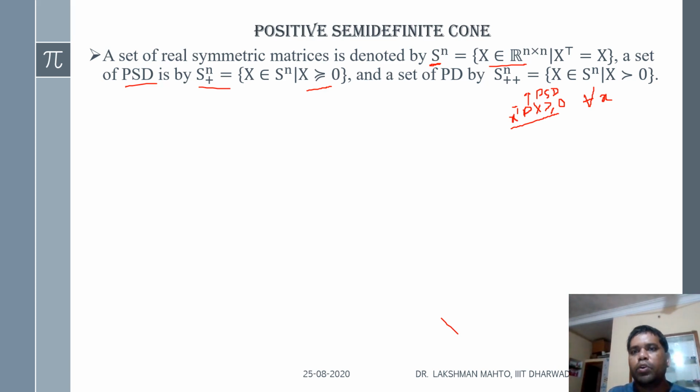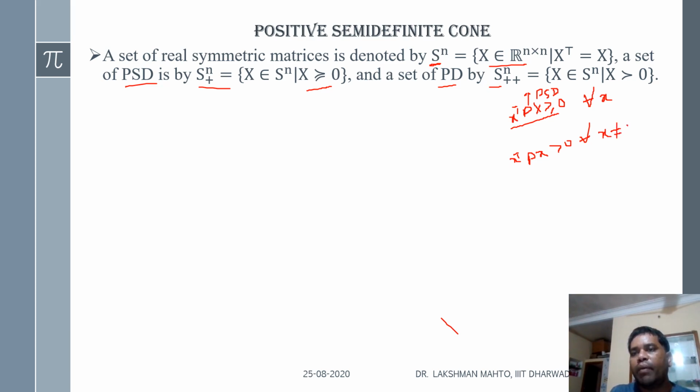Similarly, among the positive semi-definite matrices, we can take out the positive definite matrices. It is stronger than positive semi-definite. So what is the definition of positive definite? A matrix is said to be positive definite if the corresponding quadratic form, that means x transpose Px, is always greater than 0 for any non-zero vector x.